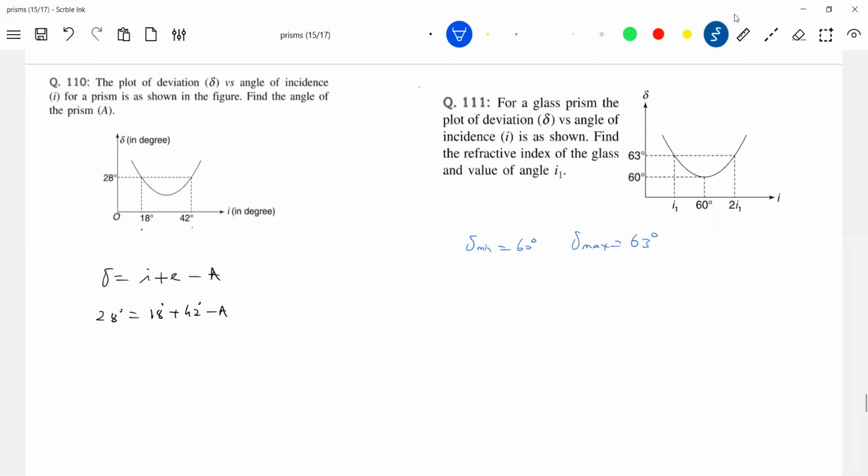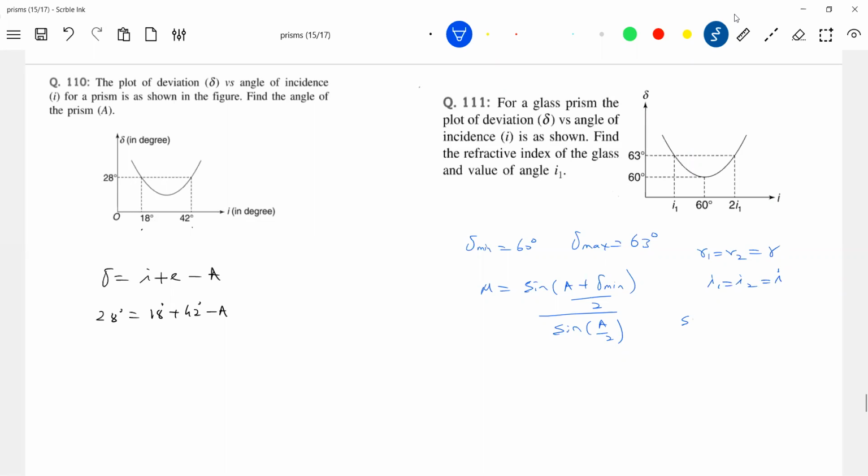So what is the formula for minimum deviation? Mu equals sine of A plus delta minimum by 2, over sine of A by 2. We don't have A, and the angle at which that minimum deviation occurs. At minimum deviation, R1 equals R2 equals R and I1 equals I2 equals I. Then we know the angle of incidence.